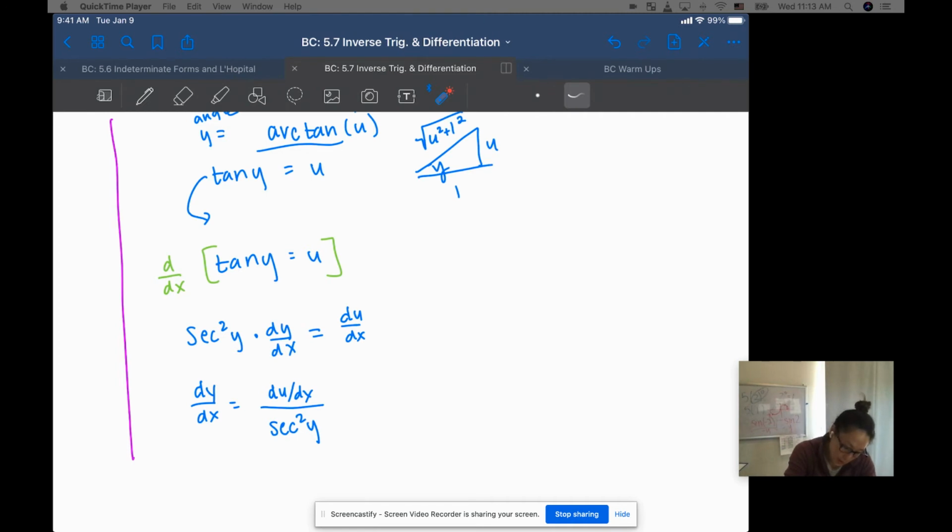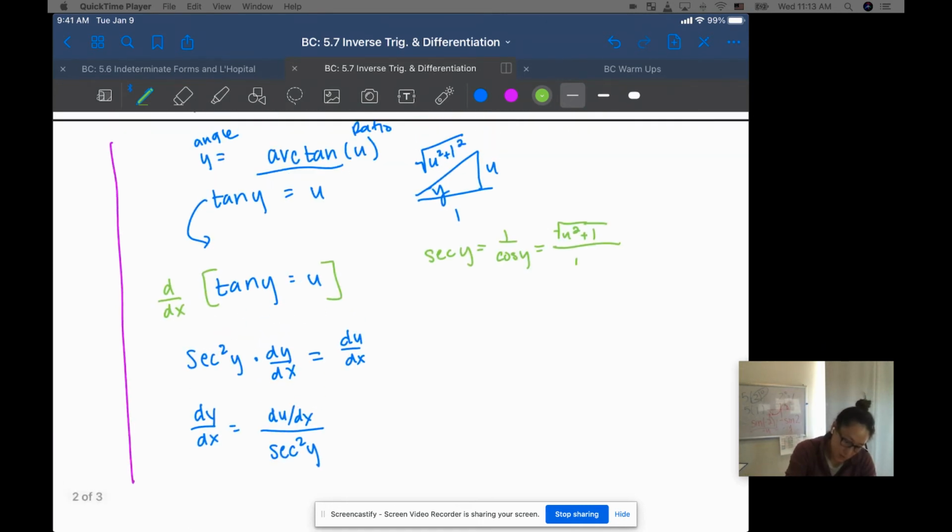I see that the secant of y is equal to 1 over cosine y, right? Which is the hypotenuse, the square root of u squared plus 1 over 1.